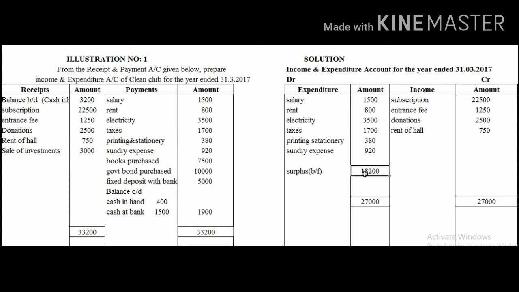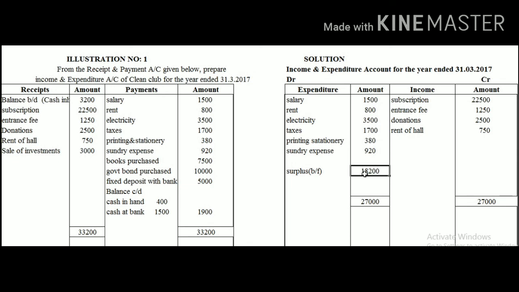So this is the basic example of how to prepare an income and expenditure account. From the next class onwards, we are moving on to how to prepare an income and expenditure account with adjustments. In that, we have to adjust subscription, entrance fee, donation and rent, and some other adjustments like outstanding rent and prepaid expenses.